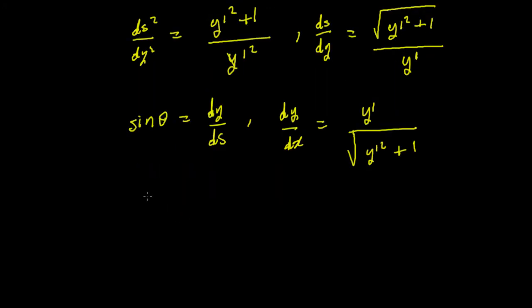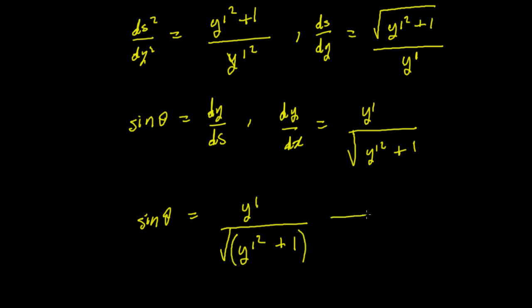So we can then write sine theta is equal to y derivative all upon the root of y derivative squared plus 1. Okay, so that's a little trig identity number 2.